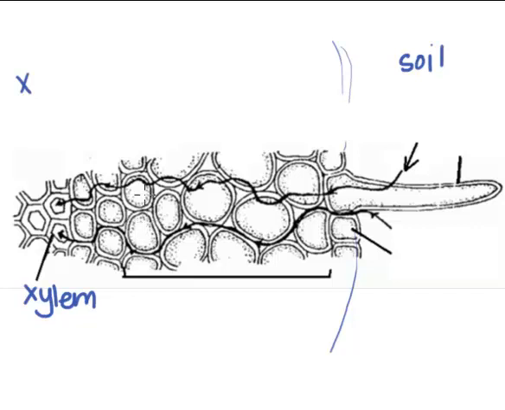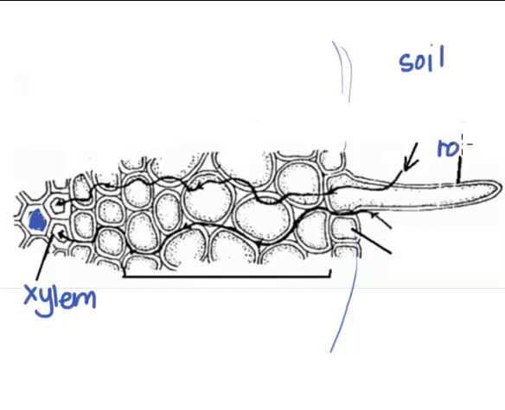So we're going to see the route that water takes from outside in the soil into the plant and all the way to the xylem tissue. And once the water is in the xylem tissue, it's going to be able to move upwards, up the stem, and that we will talk about tomorrow. But it's first got to get into the stem.